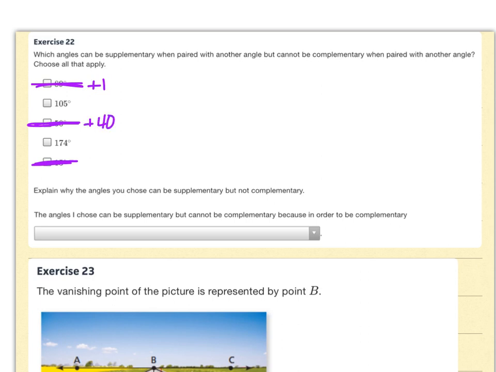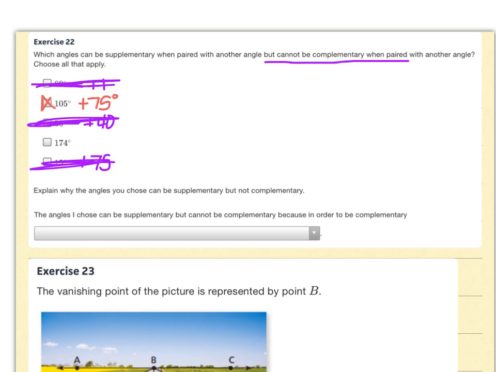And if I add, well, let's see, what was this again? 15. So if I added 75 with that angle, I could make it complementary. But that's what I don't want. I don't want to be able to add with another angle to make it complementary. So I'm going to eliminate all these, leaving me with these options over here. I could make this angle supplementary if I added it with 75.